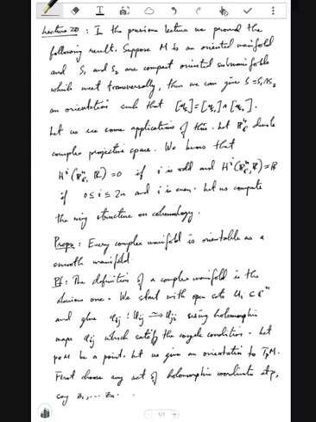So we write Zj equal to xj plus iyj. Then xj, yj are real coordinates on M in a neighborhood of P.